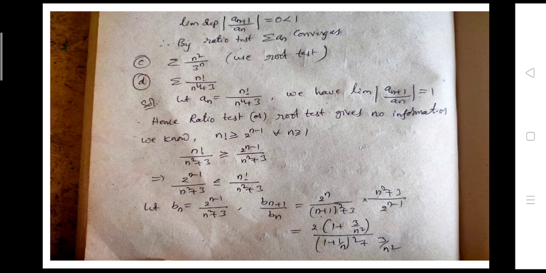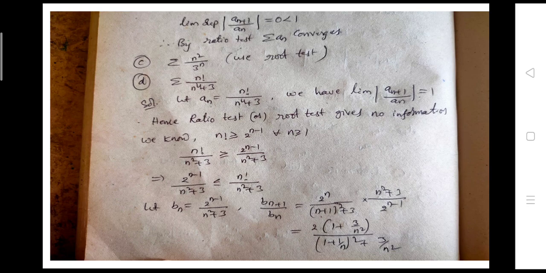And the reciprocal of this inequality is written as, or multiply both sides by n squared plus 3: n factorial by n squared plus 3 is greater than or equal to 2^(n-1) by n squared plus 3. This is written as 2^(n-1) by n squared plus 3 is less than or equal to n factorial by n squared plus 3.